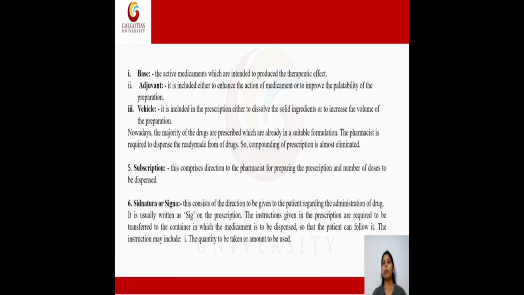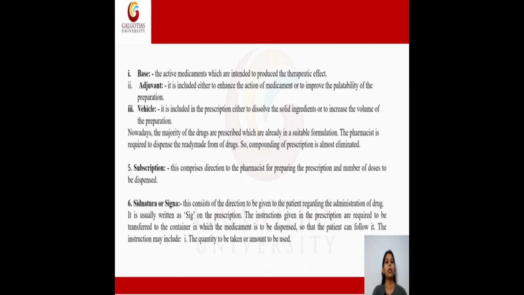As per the need of the patient, all the manufacturing companies are trying to formulate preparations which there is no need for the patient to formulate or compound. So the pharmacist is required to dispense the ready-made form of drugs, and compounding of prescriptions is almost eliminated, so that the pharmacist can save the time that was used in the compounding of the prescription.